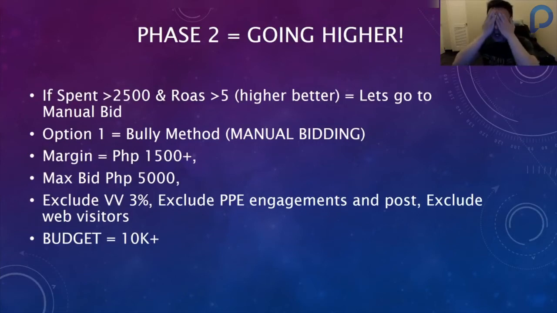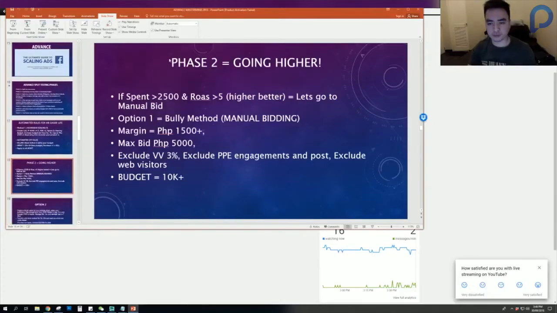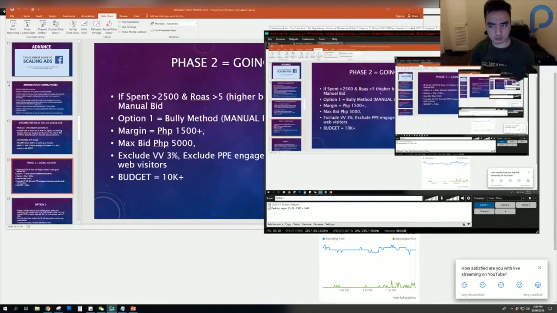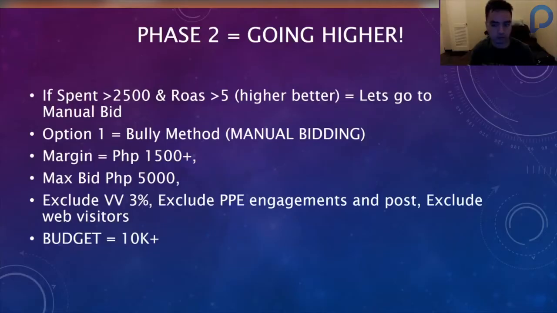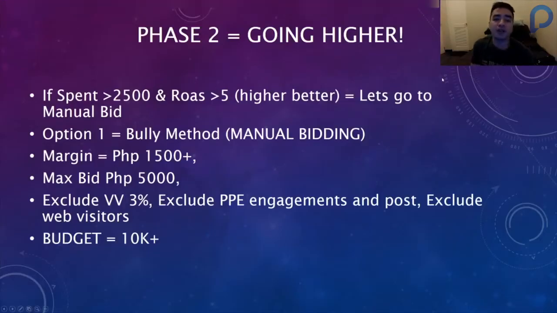Okay, so example, nag-spend na kayo ng 2,500 pesos and yung ROAS nyo mataas pa rin, 5 or higher, better of course. Then I would actually go for, I will try the bully method of manual bidding. Okay? However, take note, when you do this method, dapat ang profit margin nyo is 1,500.